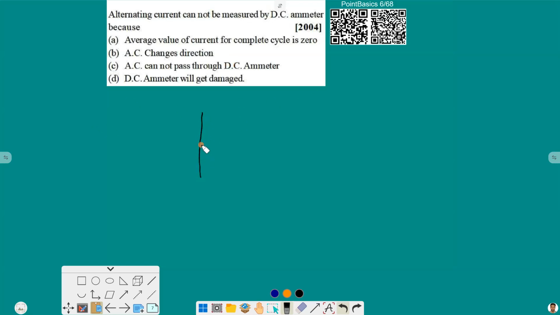If we draw an AC cycle here, so this is the AC cycle, and if we take its average value, it comes out to be 0. And in the previous question, we had taken sine square.